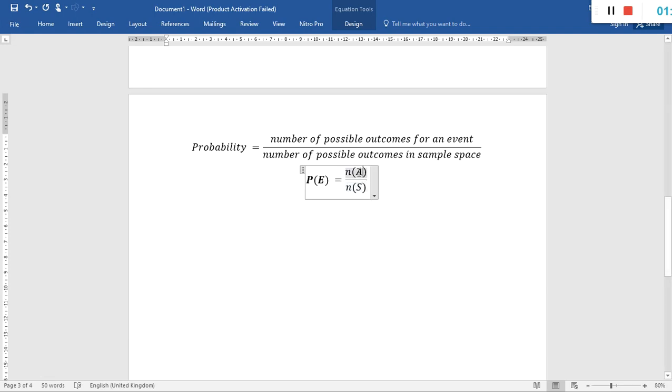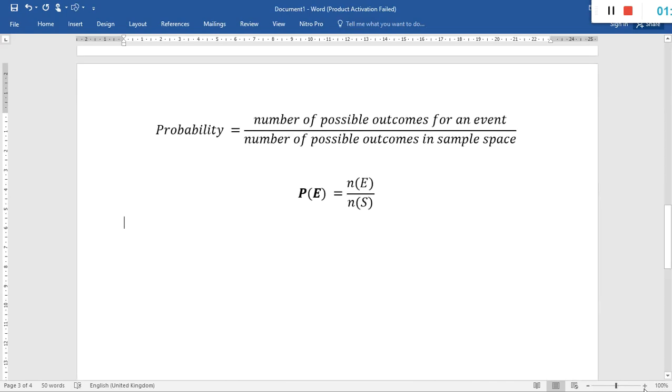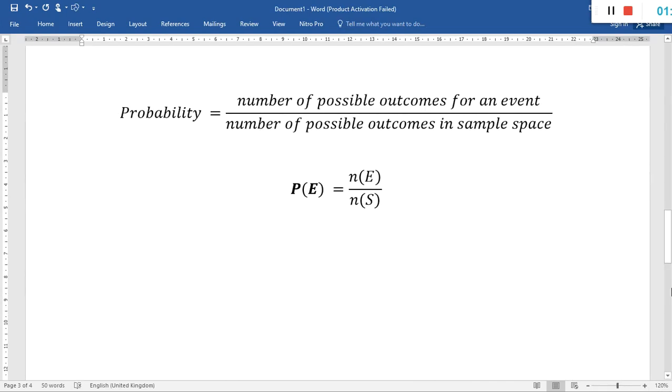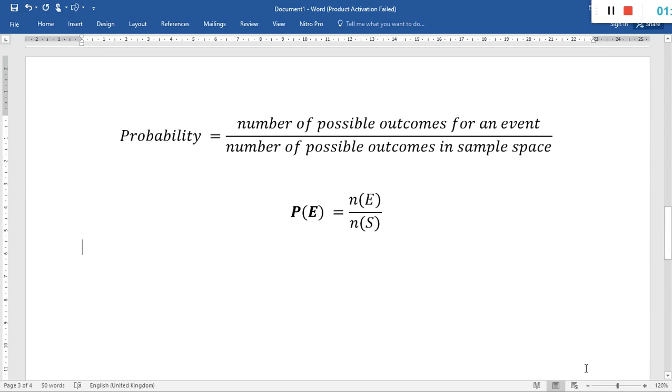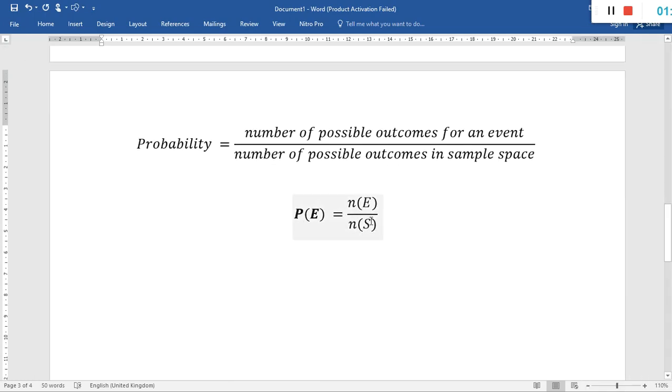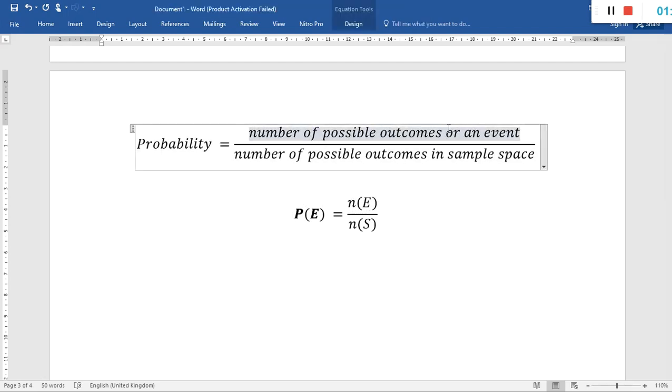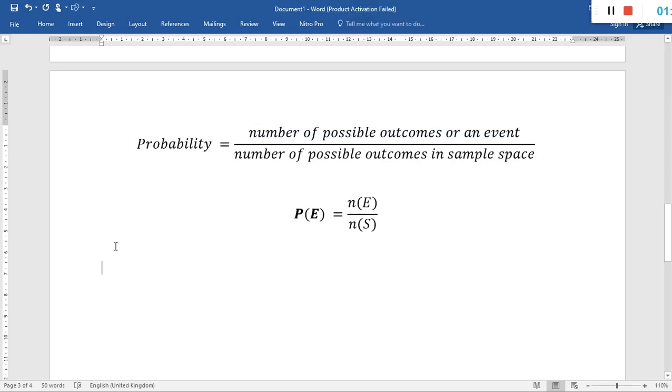This is supposed to be E, not A. So the event E divided by the number of elements in the sample space. I hope this makes sense. So at the beginning, this is the first formula you're working with. When you are trying to check the probability of an event, what is the number of possible outcomes you can have for that event, divided by the number of possible outcomes you can have in the sample space. I hope that makes sense.